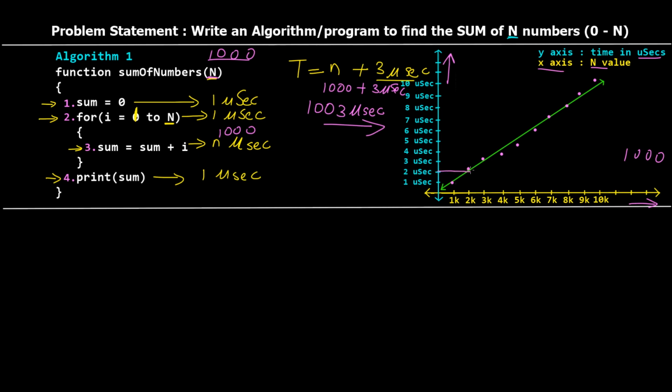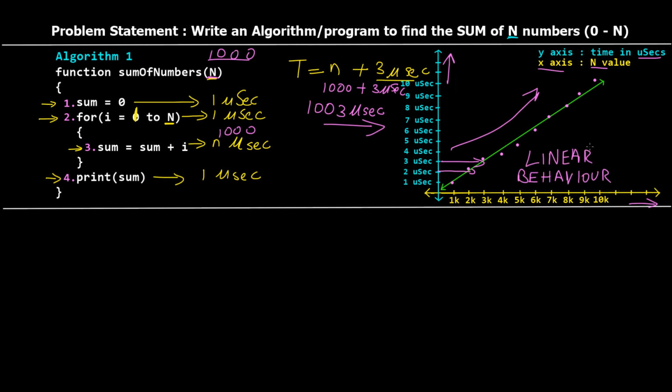It is a little above 2 microseconds because obviously we cannot have exact values. We've just talked about that, and you can never estimate exact values. For 3k, if you enter 3000, that is the sum of 3000 numbers, it is taking somewhere around 3 microseconds. And you can see that this trend is going in this direction. So this basically is called a linear behavior.